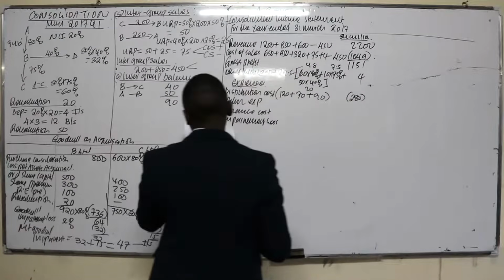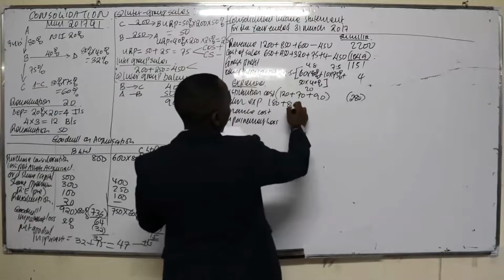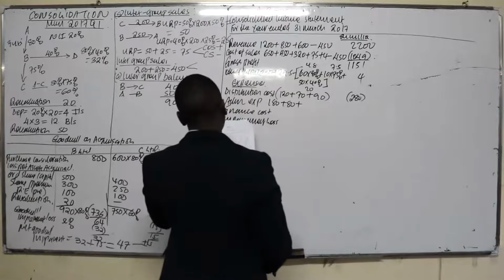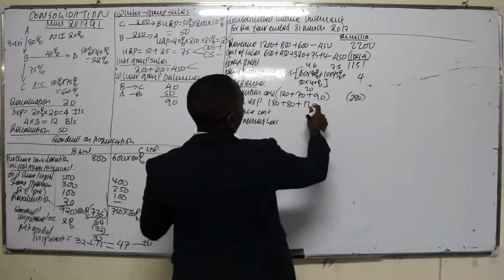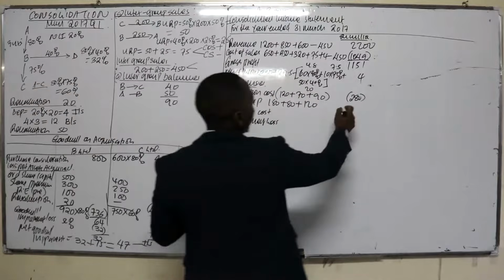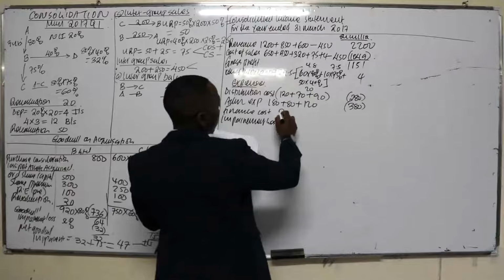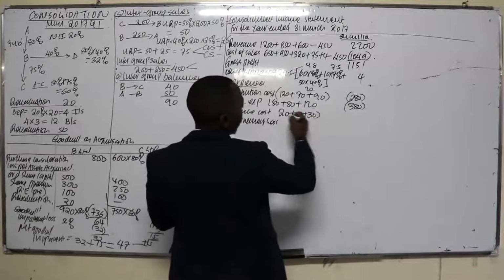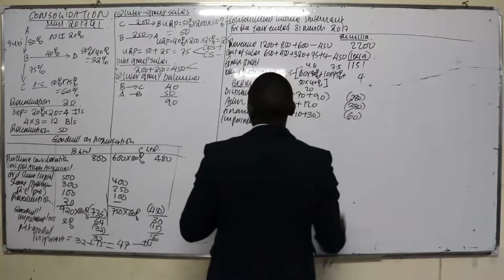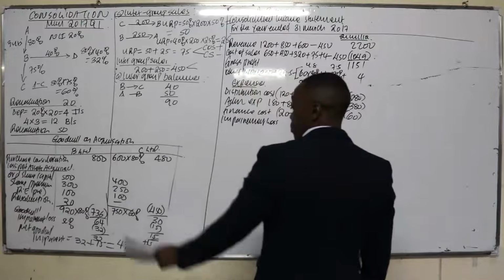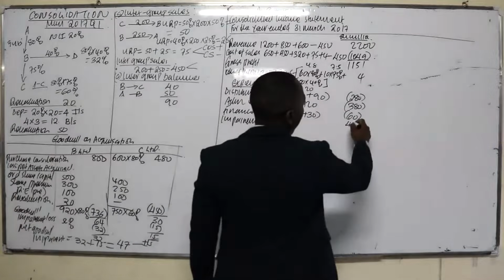Then admin expenses, we have 180. You add 80, that's 260. You add 120, that's 300, you get 380. Then we have finance cost, 20 plus 10 plus 30, that's 60. Then we had impairment loss, that's 2 plus 15, you had 47.